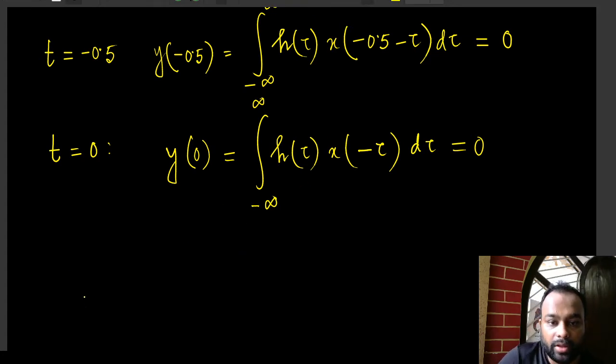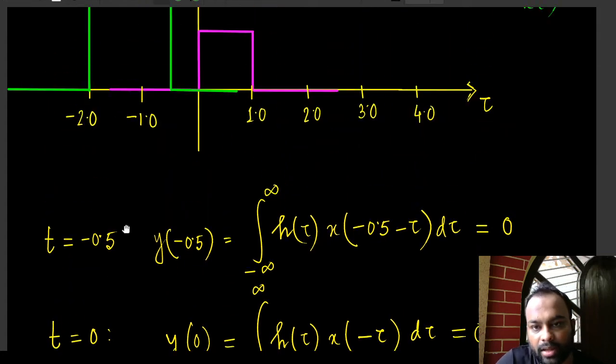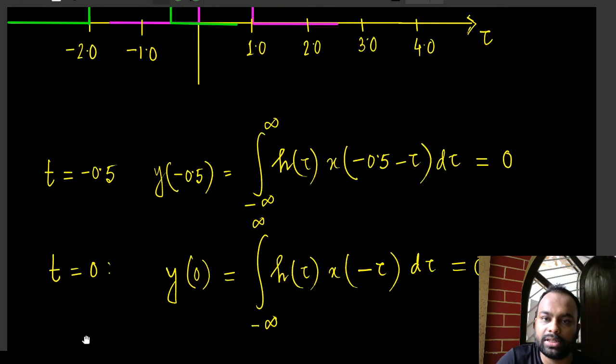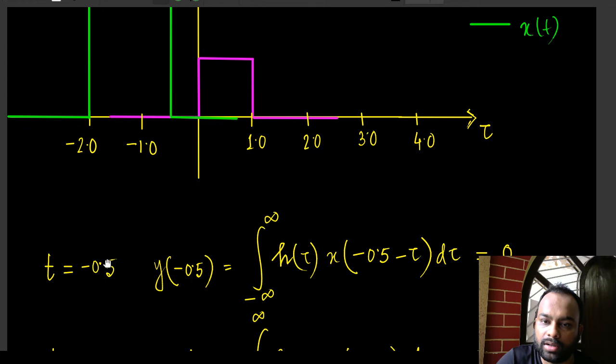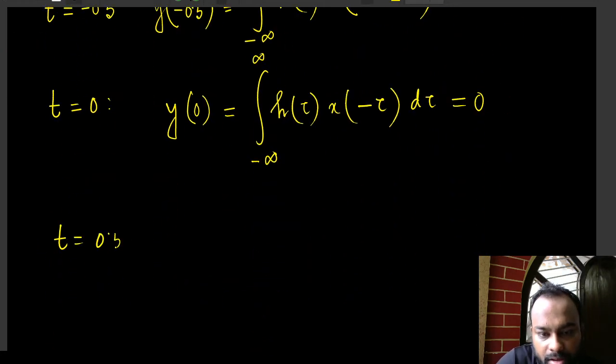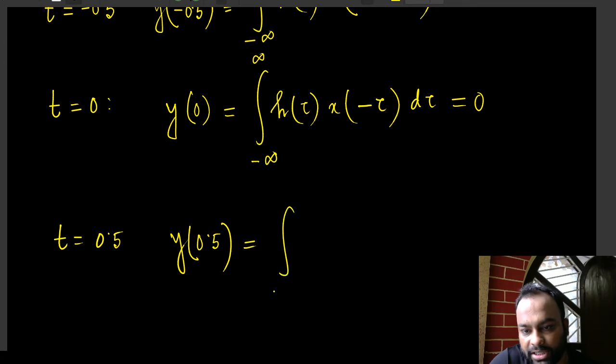So question: what if I want to calculate the output of the system at t equal to 0.5? Yeah, that would be nice. So t equal to plus 0.5. So I am calculating y of 0.5, and that's the integration from minus infinity to infinity of h of tau x of 0.5 minus tau.